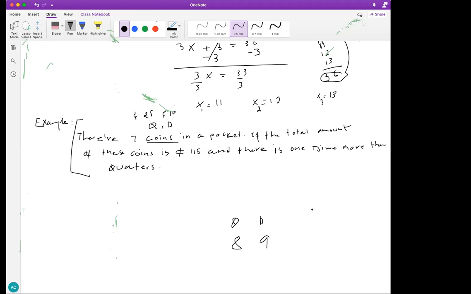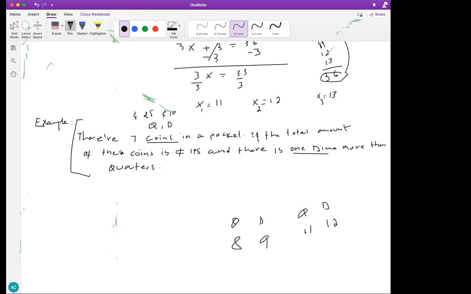If there are, for example, 11 quarters, there's one more dime than quarters, so the number of dimes would be 12. That's what this means. So we know there's a total of 7 coins.